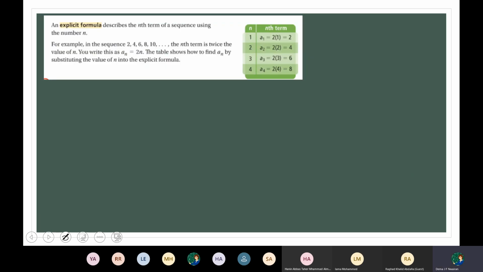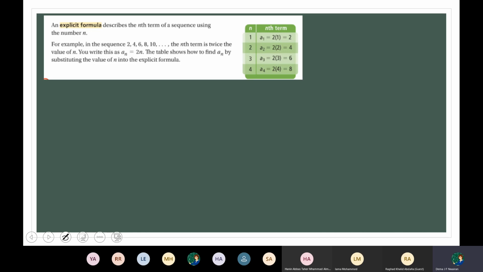Also we are learning today, inshallah, how we can write the explicit formula and the recursive formula. Two formulas we learn to write. We will start with the explicit formula: I give you the formula and you tell me the terms in the sequence.